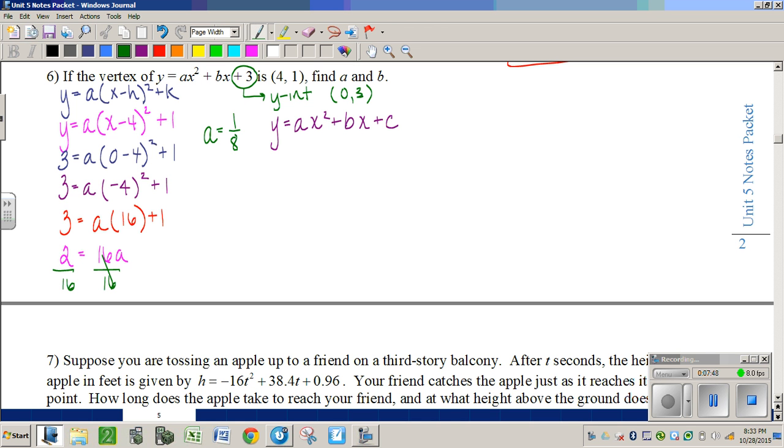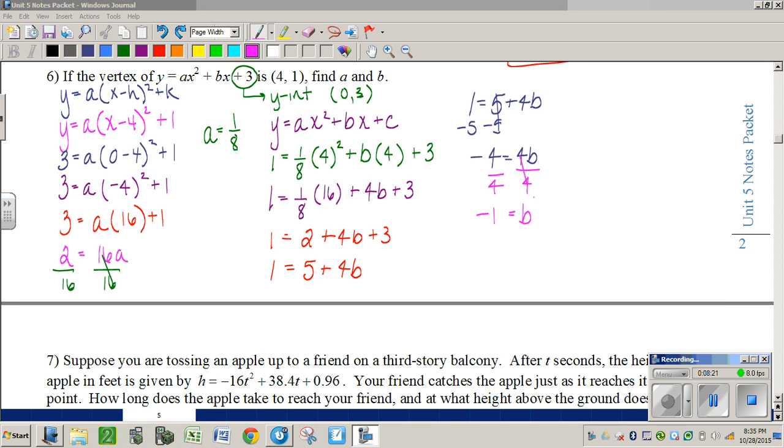So I'm using the point (4, 1), so I have 1 equals, a is now 1/8, we just figured that out. 4 is our x value. We don't know b yet, we're still looking for that. Remember, x was 4, and from the original question, c is 3. So go ahead and carefully simplify all of this. Okay, so I've gotten you started here, so go ahead and finish solving for b.